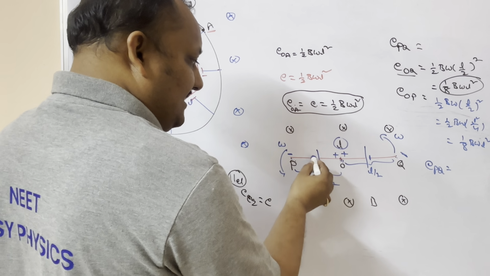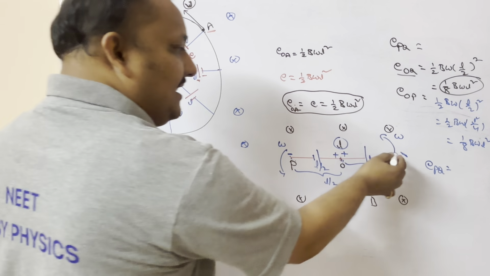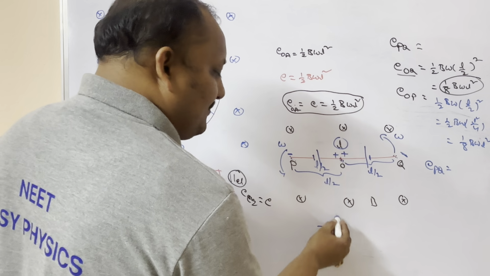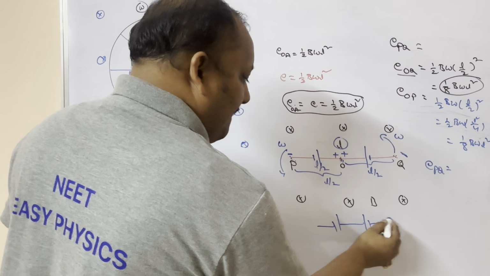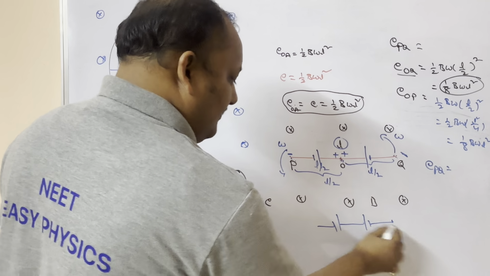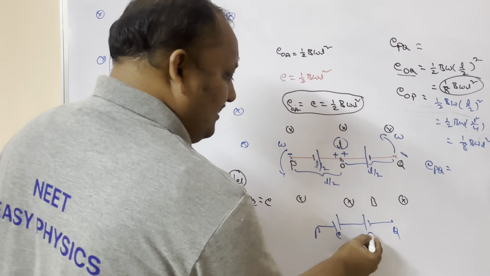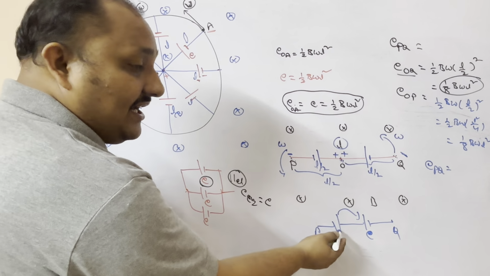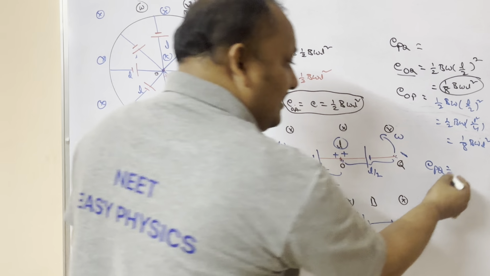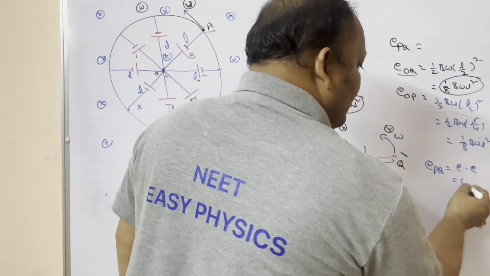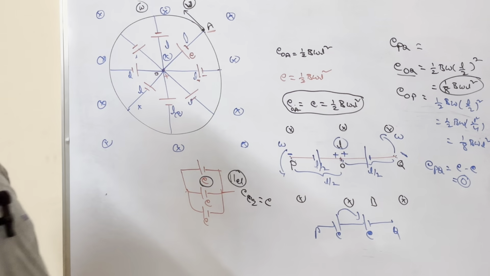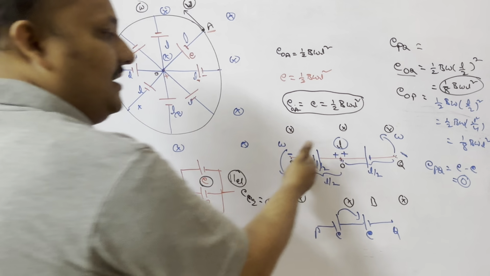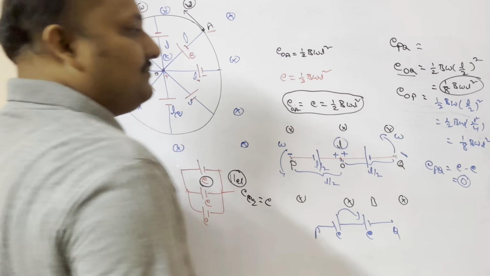Between P and Q, the effective EMF is like two cells connected like this, E and E. Positive is connected with positive, which is a wrongly connected cell, as we discussed in current electricity. Therefore, E minus E becomes 0. The effective EMF between P and Q for this case becomes 0.